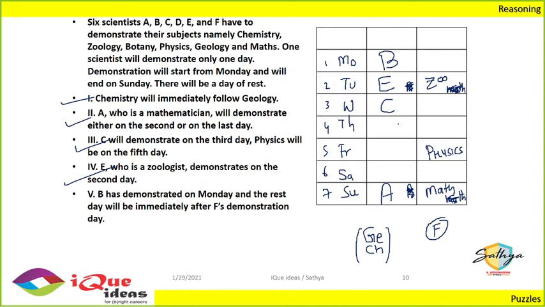So F cannot be on Thursday. If F is on Friday, Saturday can obviously be a rest day. There's nothing here. If F is on Saturday, Sunday cannot be a rest day. So for sure, F has to be on Friday so that the very next day becomes a rest day.